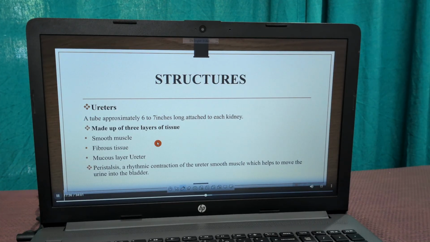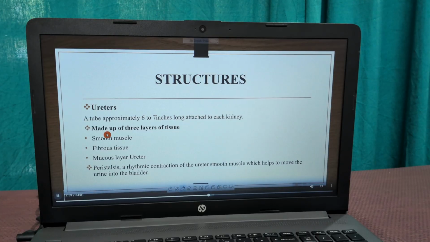Next is the ureter, which is attached to the kidney. A pair of ureters are present in the human body. It is approximately 6 to 7 inches long tube which is attached to each kidney. It is made up of 3 layers of tissue: smooth muscle, fiber tissue and the mucus layer.